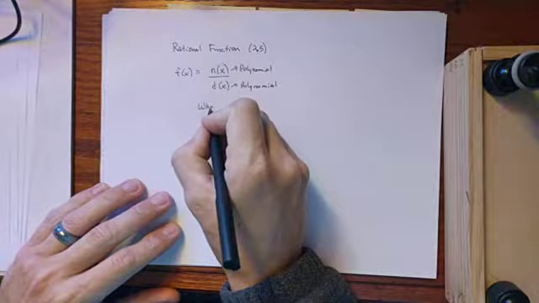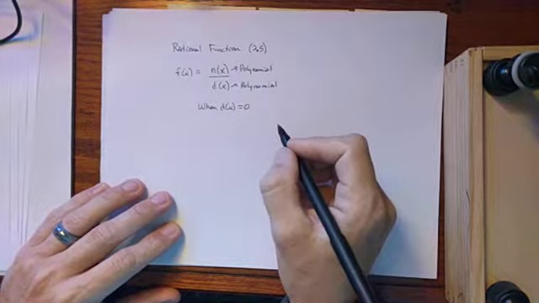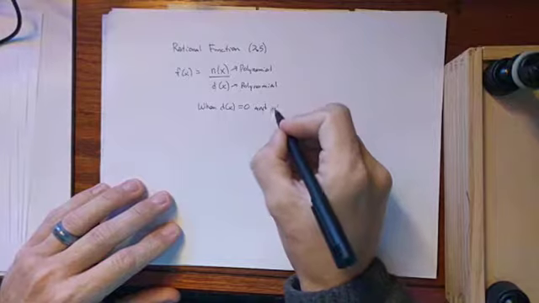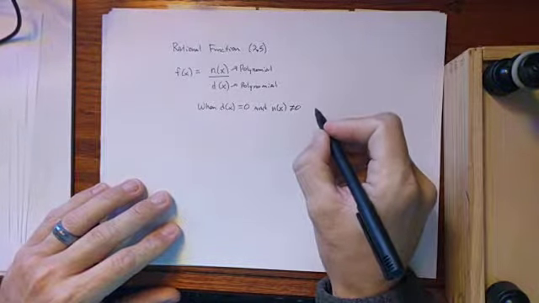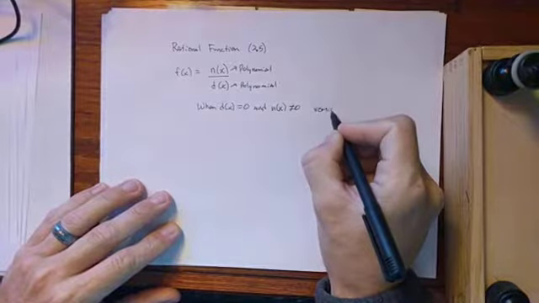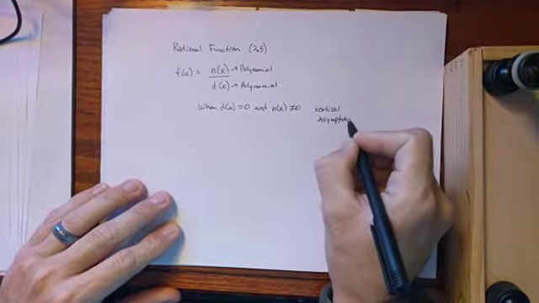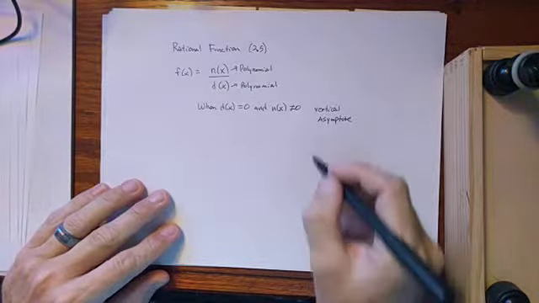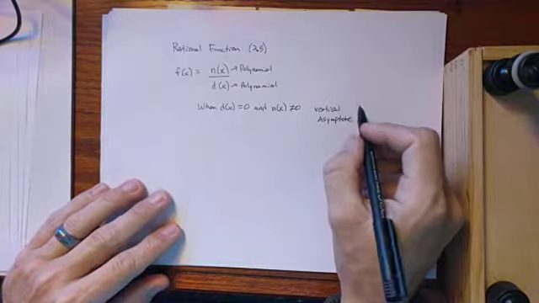So when the denominator is equal to 0 and the top is not 0, you get a vertical asymptote. And I'll show you what that is in just a minute. It's a vertical boundary line that the graph can't touch. Okay.